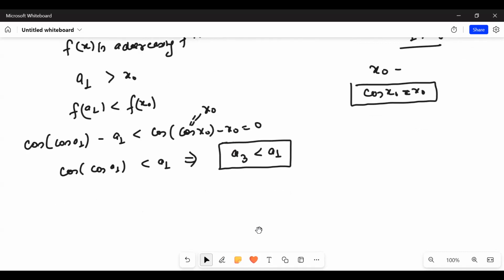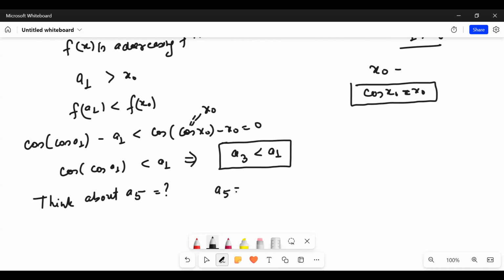Similarly, just think about a5. What can you think? Would a5 be greater than a3 or not?